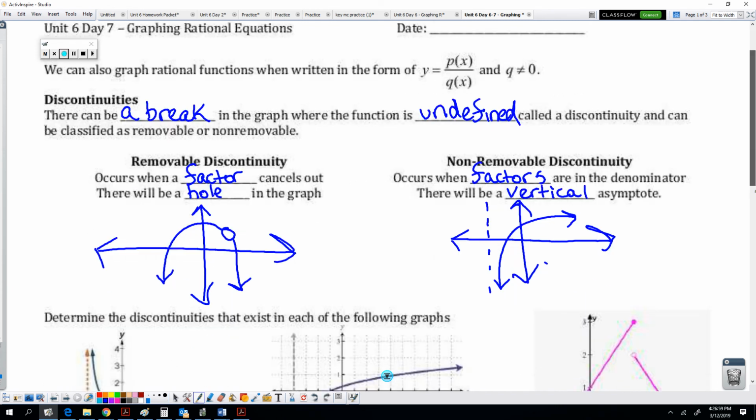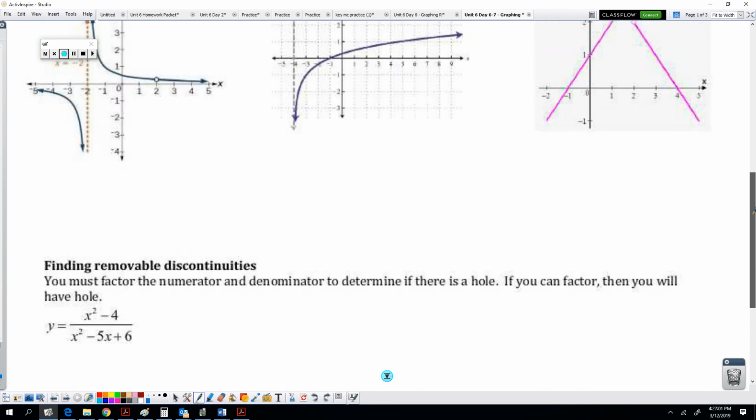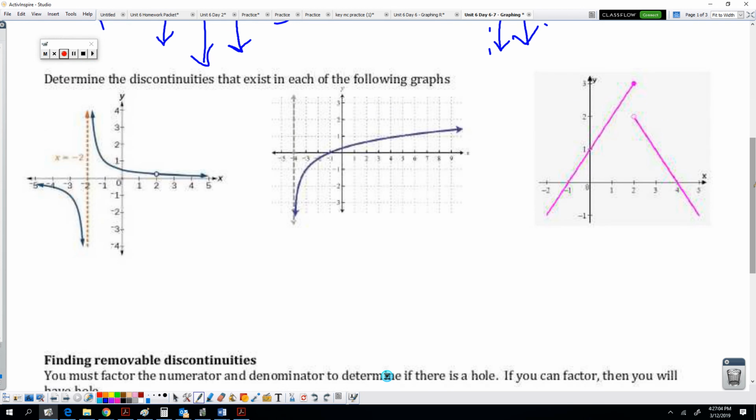So now let's take a look at these examples and say, what are the discontinuities that exist? Now, it actually has a couple of things here, okay? This right here is going to be my non-removable discontinuity because it's an asymptote. It's a vertical asymptote. And this right here is my removable because we have a hole.